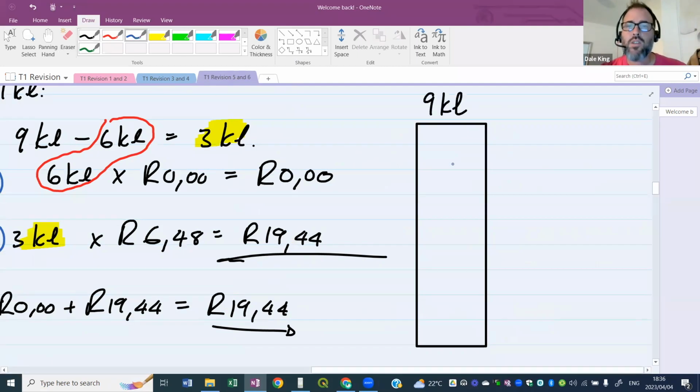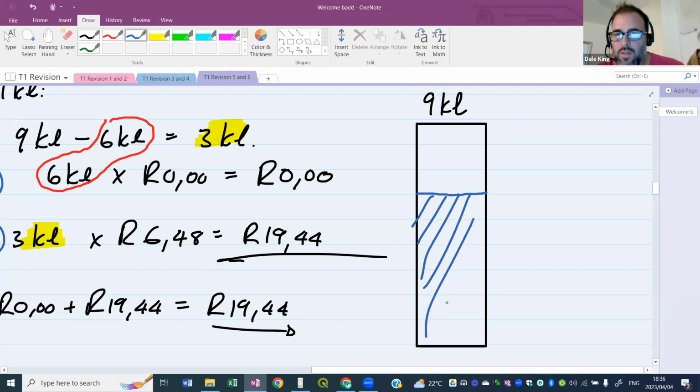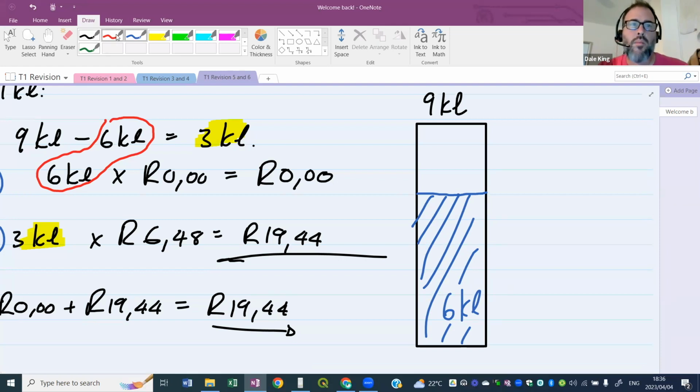So in this tank there's 9 kiloliters of water. They are telling me that about 2/3 up, to 6 kiloliters, which is about here, this much water is free water. You don't get charged for this. So this portion here, which is 6 kiloliters of your 9, is free water.